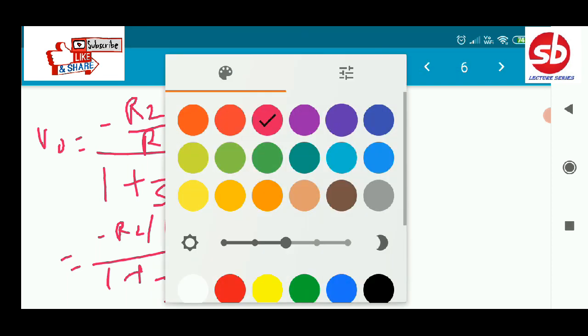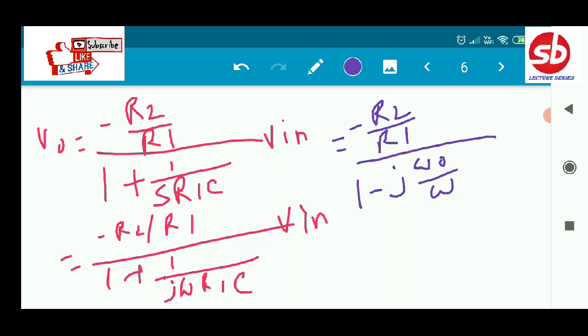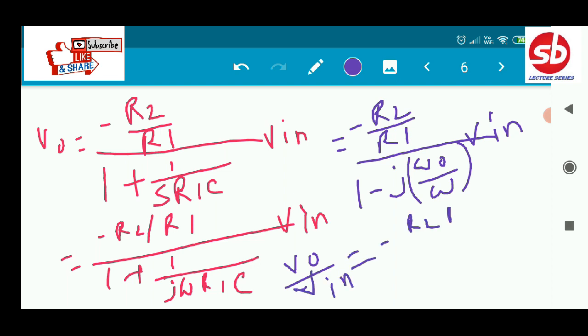So minus R2 by R1 divided by 1 minus J, where 1 by R1 C is equal to omega 0, so omega 0 divided by omega, into Vin. So V0 by Vin, this is your transfer function, is minus R2 by R1 divided by 1 minus J omega 0 by omega.